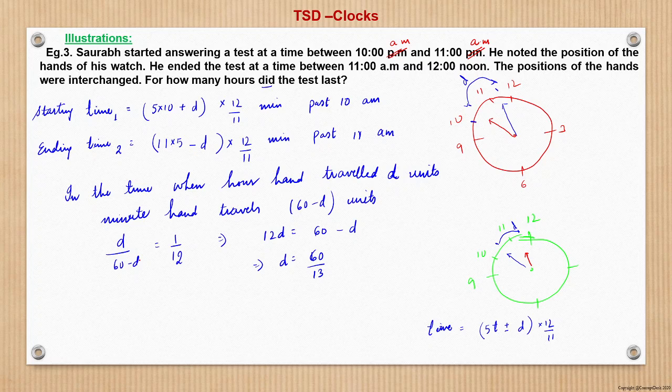So the difference of the time, that is t2 minus t1, is nothing but 12 by 11 is common, and this becomes 55 minus d minus 50 minus d. So this gets cancelled out.